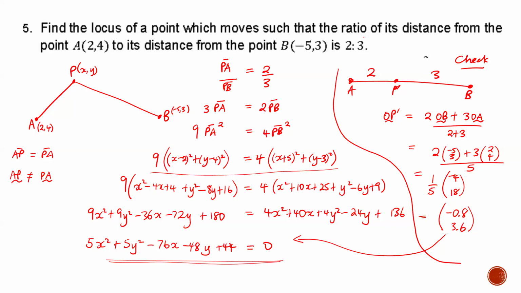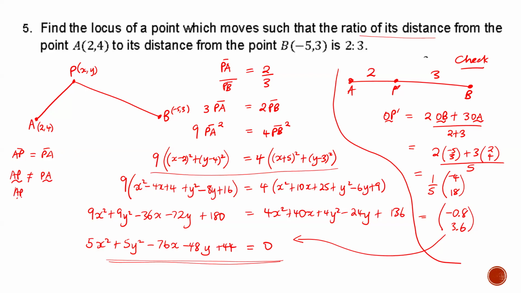You can see in the question, it says ratio of its distance, and not ratio of the vectors. However, in the ratio theorem, you use vectors, but you use position vectors. So it's not really something that you have to be worried about, but it's just something to take note of.